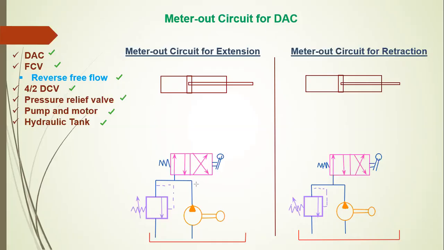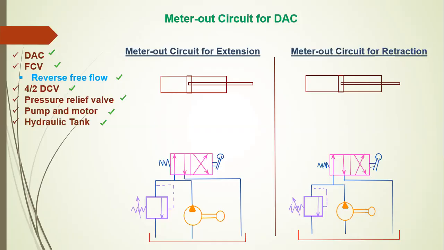The other output from the direction control valve is attached to the hydraulic tank. Here the output from the direction control valve is connected to the hydraulic tank. Both sides are the same.